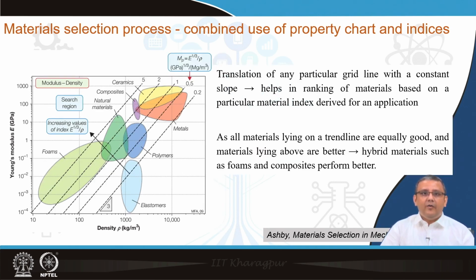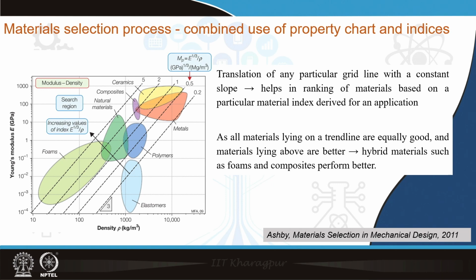So, here only the lines with the slope of 3 are shown, and you can see all those 4 or 5 dotted straight lines belong to different values of E to the power 1/3 over rho. As we have already discussed, the concept of these material indices and these contour lines tells us that all the materials lying on the same line are equally good for any particular application.